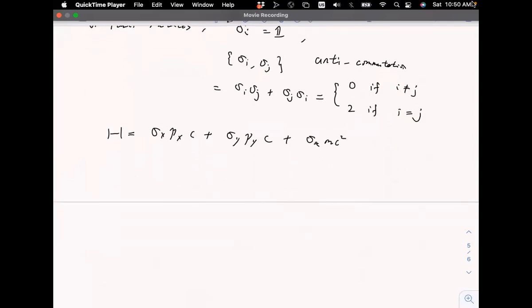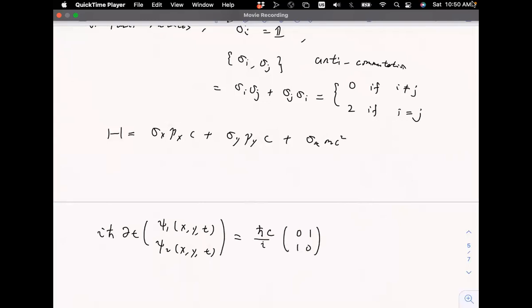Then you just substitute. Eventually you substitute it. Then of course this one will be in terms of x, y, and t. So then you will have h bar i, c, and then it will be 1, 1, 0.